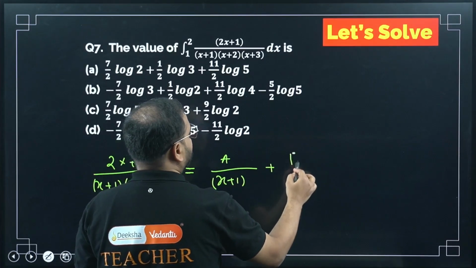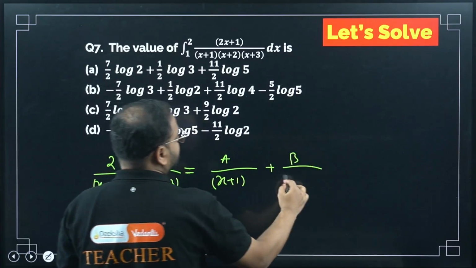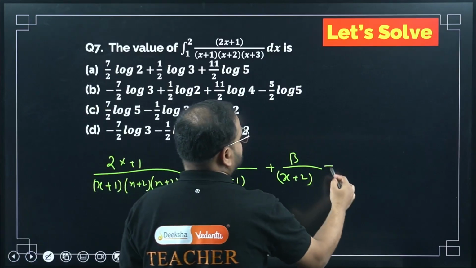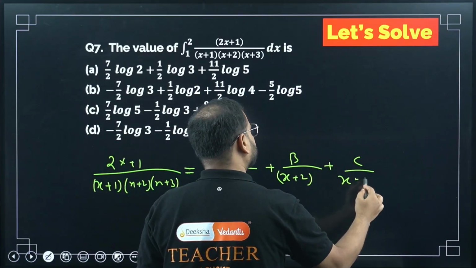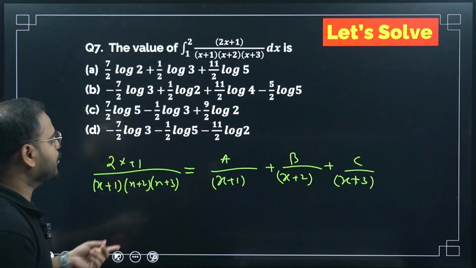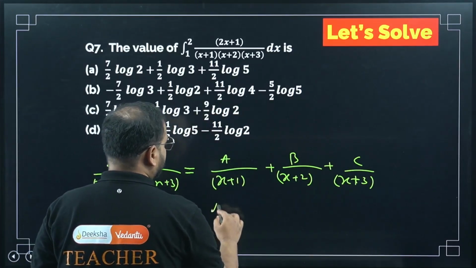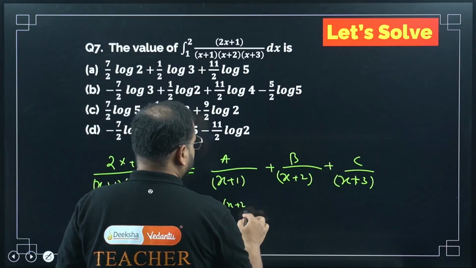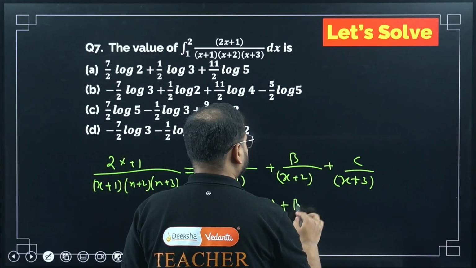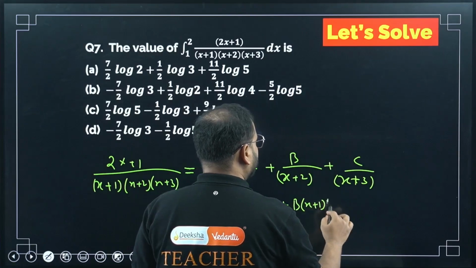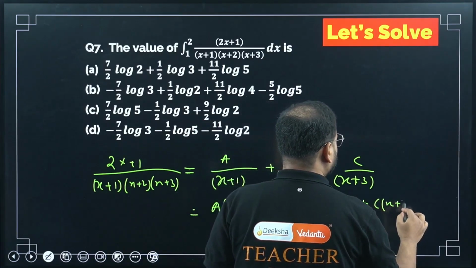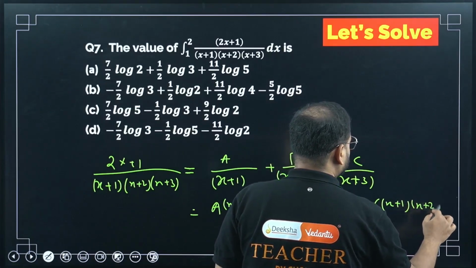I get B upon x plus 2, and I get C upon x plus 3. Now what are you going to do? Take the LCM. You will get for A as (x plus 2)(x plus 3), plus B as (x plus 1)(x plus 3), plus C as (x plus 1)(x plus 2). Am I right?